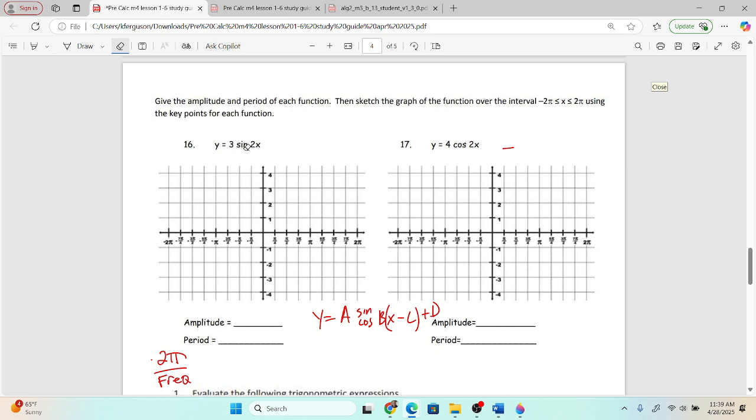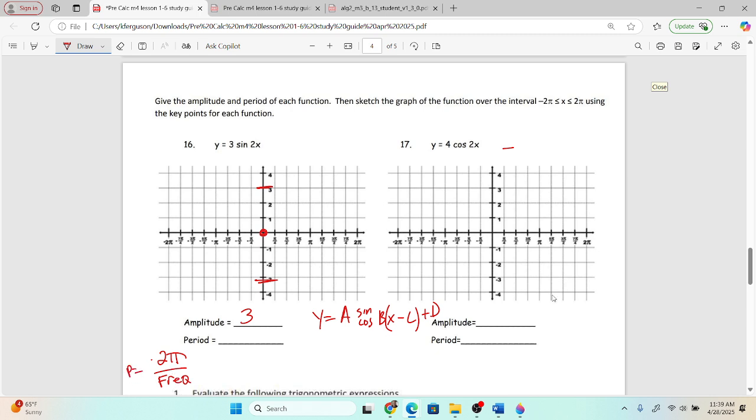So what's the amplitude for that? 3. Excellent, Marcus. So I know my graph hits this line and goes as low as that line. Next, sine starts right there. Now I think of the period: 2 pi over frequency.